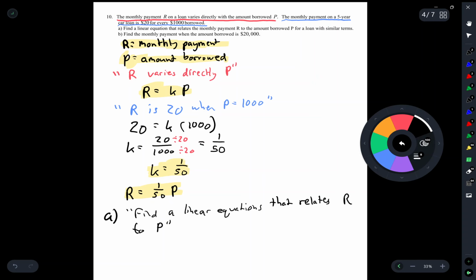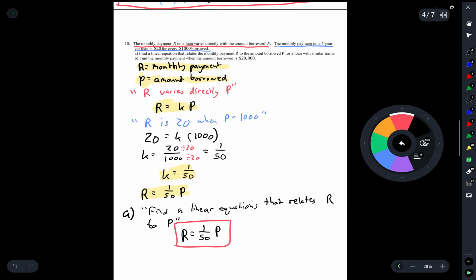That's what they're asking for, a linear equation that relates R to P. And we found that in the previous question. So we actually already have the answer. This is a linear equation that relates the two. And so we're done with part A.